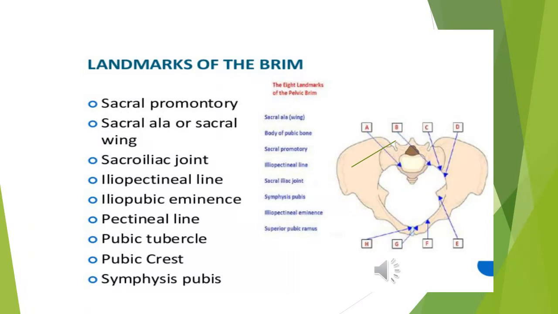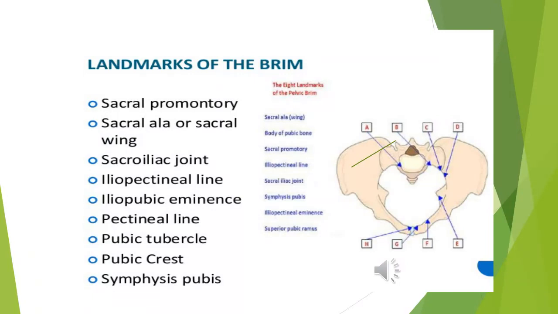You can see the landmarks of the brim. As I already mentioned, along the lower part of the medial border of the ilium you will come across some points: the iliopectineal line and the iliopubic eminence. Then followed by the parts of the pubis: the pectineal line, then the pubic tubercle, then the pubic crest.